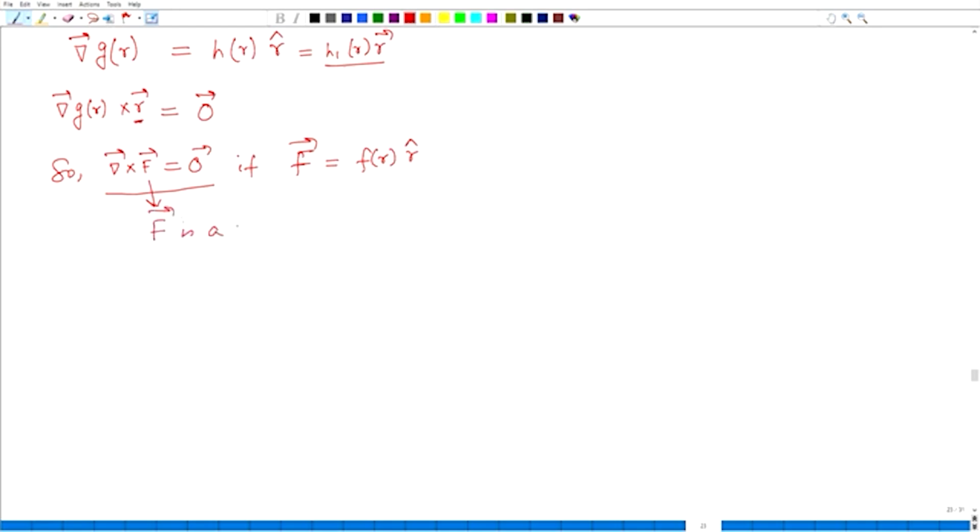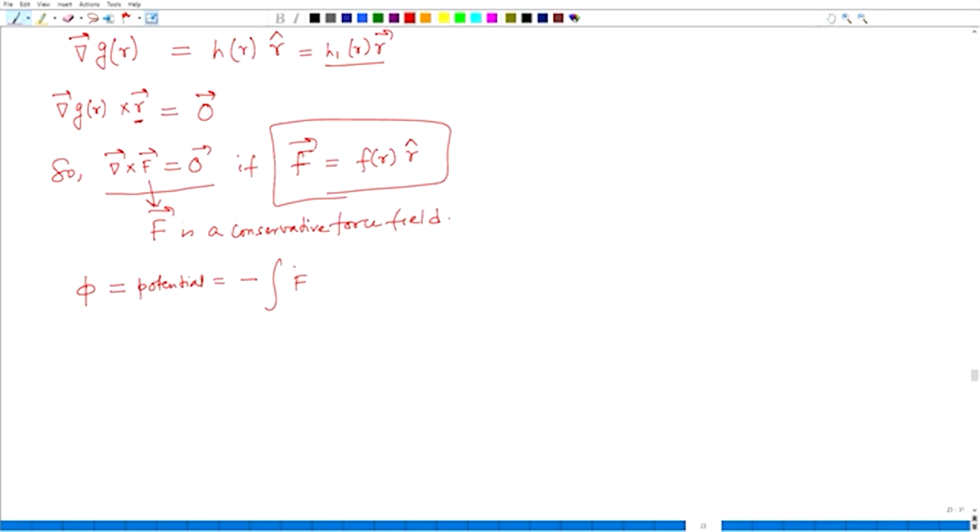So, if I know that f has curl 0 and f has this specific form, can you also calculate the corresponding potential energy, where phi, the potential, is equal to minus integral of f dot dr. This is also a small home task to you, okay, to find phi. That all of you can do, this is very straightforward, in terms of course f. So, you can do that.